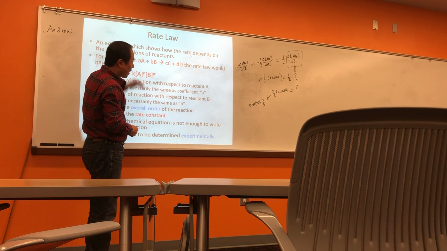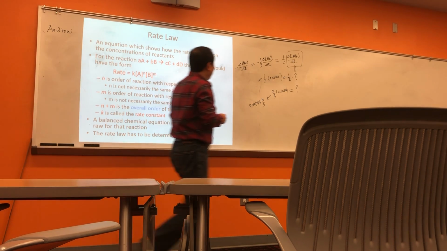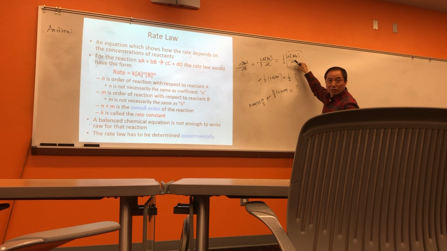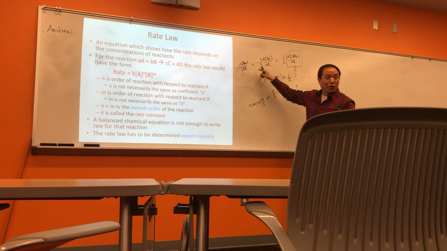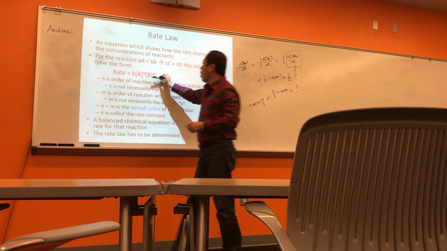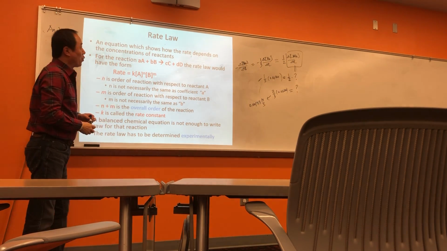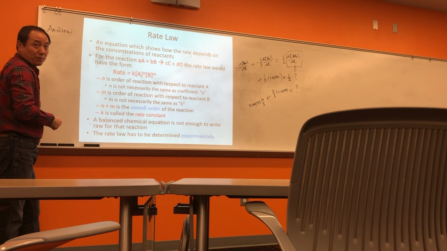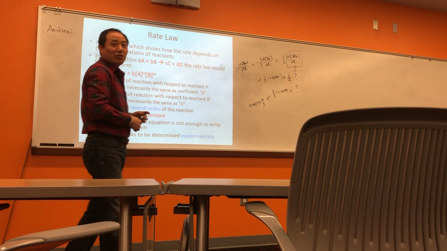In the previous slide, we did reaction rate can be determined by whether you are monitoring product or reactant, right? Either way, you will get the same result. But when you write rate law, we only use reactant, because product has nothing to do with reaction.